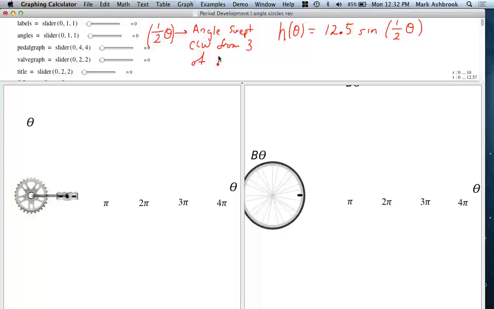Okay, there's a couple of clues that it's of the tire valve, or the tire. The first clue is we're calling the pedal angle theta, and our tire valve is some angle, so multiply that. But then there's another clue in the h function. This is talking about the tire. Yeah, so this 12.5.